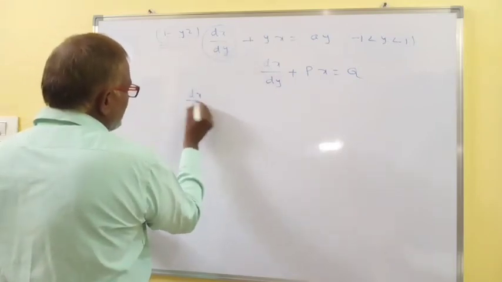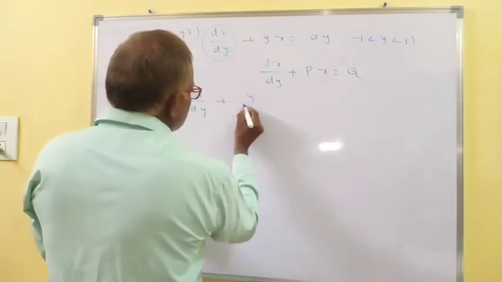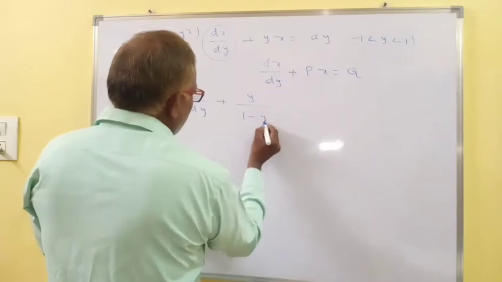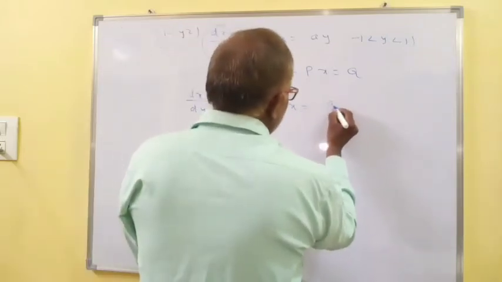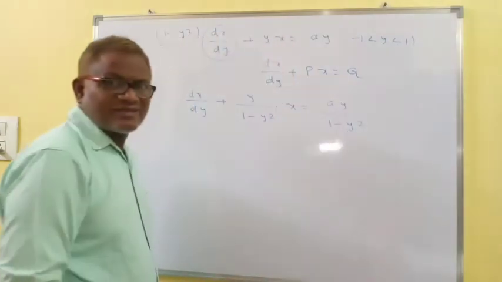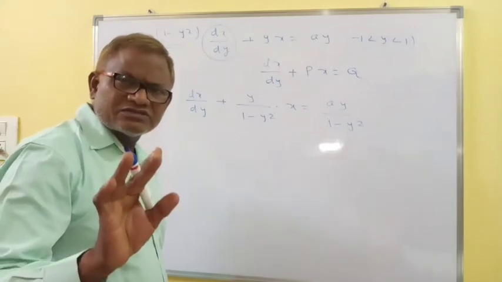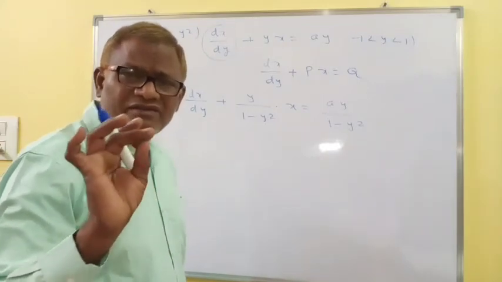So we have to obtain dx/dy + y/(1 - y²) x = ay/(1 - y²). In this question we only have to find the integrating factor.